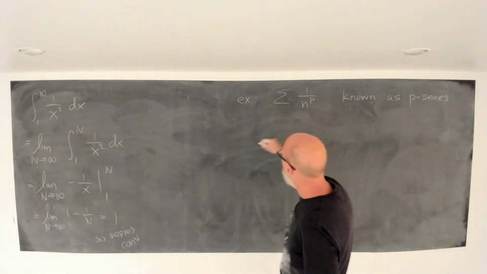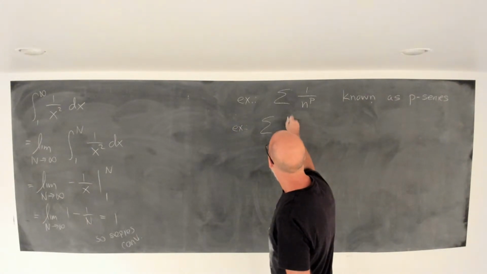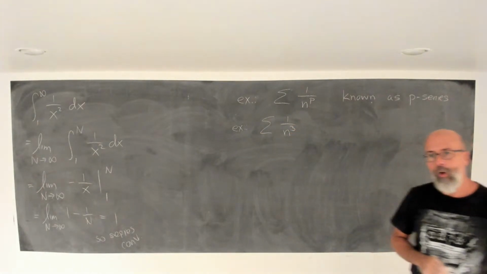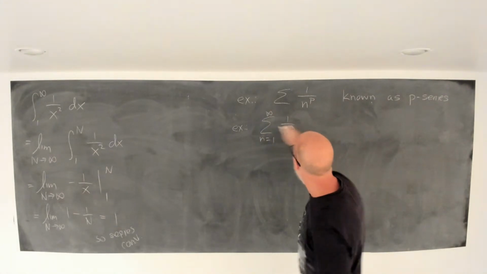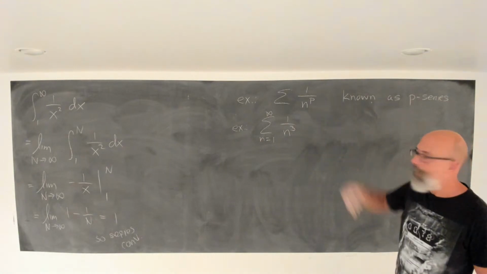Let's try another example. The series 1 over n cubed. Right? Another example of a p series. This is a p series where p is 3.